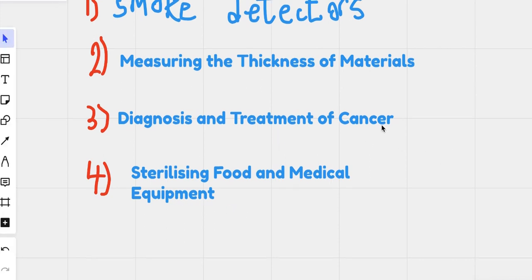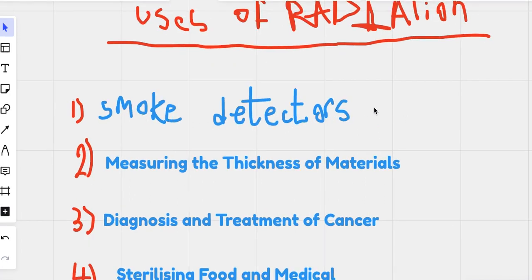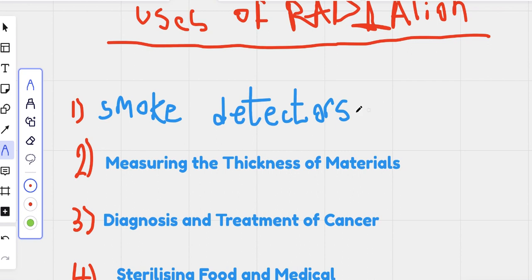Look at them here. So we've explained the smoke detector. We mentioned here is alpha. For the smoke detector, the alpha source releases alpha particles that normally ionize the air around in the detection area, and then that air produces a current that flows.